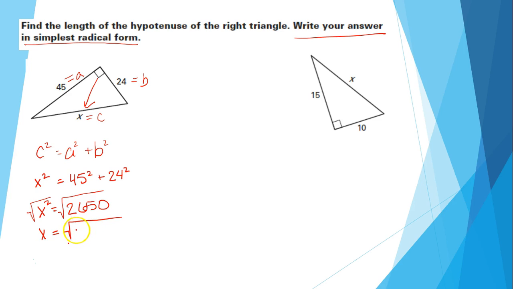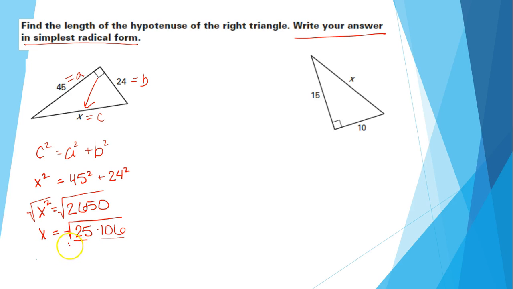So I know that 25 is a factor of this, and 25 you can take the square root of. And then the other factor is 106. 25 is the highest factor of 2,650 that you can take the square root of. There's no other factor inside this number that you can actually take the square root of. That is why I chose 25.